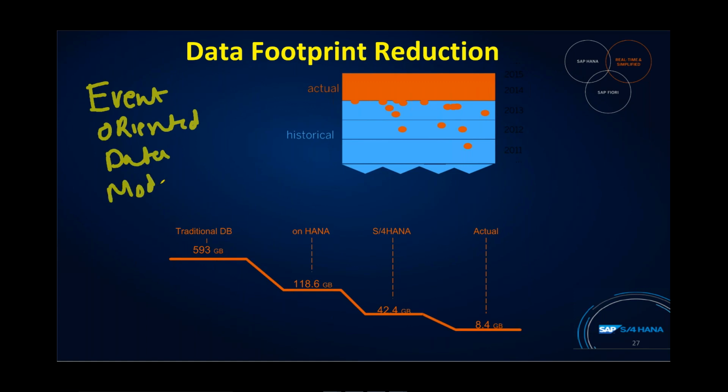In the previous slide we have seen that SAP has reduced the tables, right? It has been simplified. But when we say that SAP has reduced the tables, SAP has thousands of tables. It doesn't mean that each table has been simplified and we have removed all of these tables.